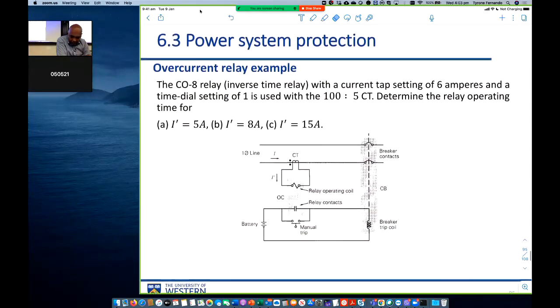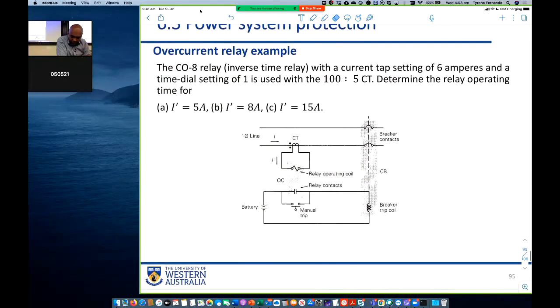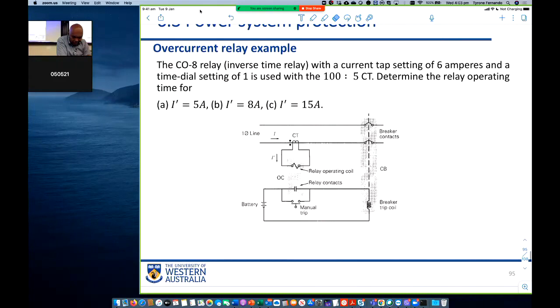Right, so here's the example. The CO8 relay, inverse time relay, with a current tap setting of 6 amperes. So that's the pickup current setting. Pickup current setting is 6. And a dial setting of 1 is used with a 100 to 5 current transformer.